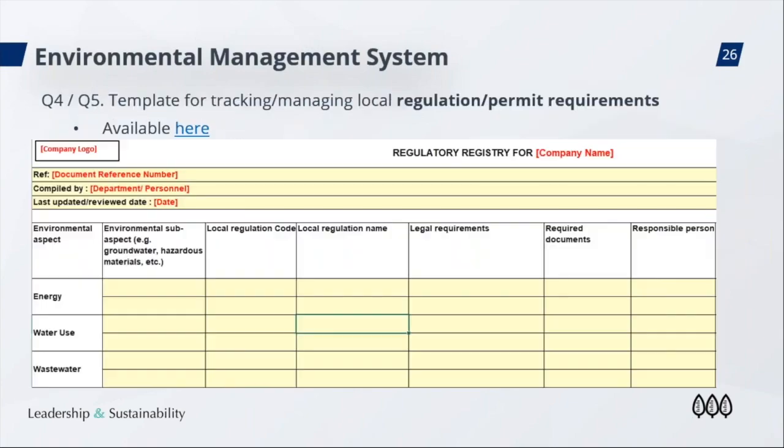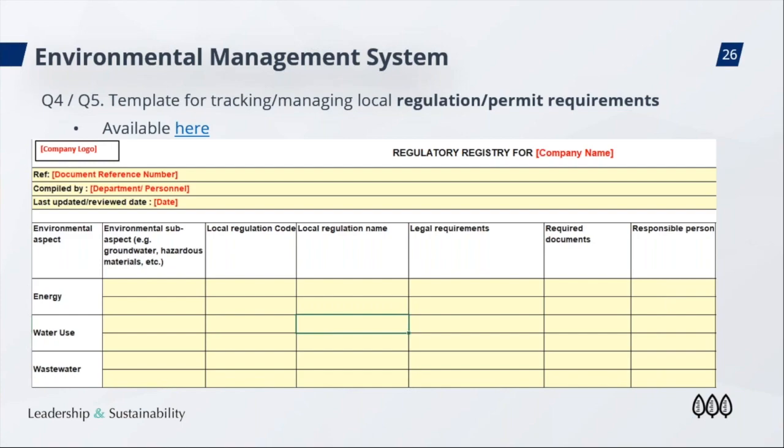And SAC has actually made available a template to use. So you can use this actually both for question 4 and question 5. And if you click on the link here, you will be able to download the entire table. This is just an extract. This doesn't copy the entire table.